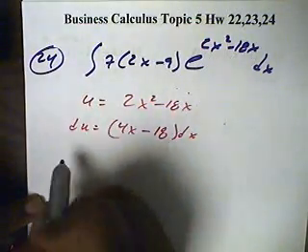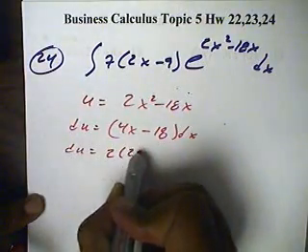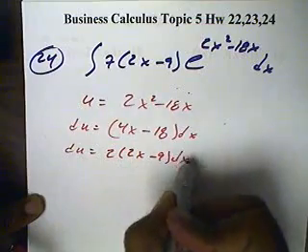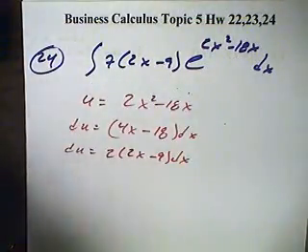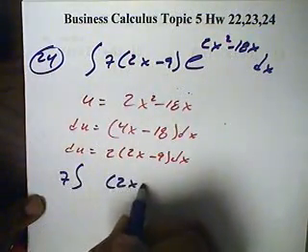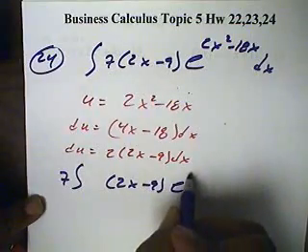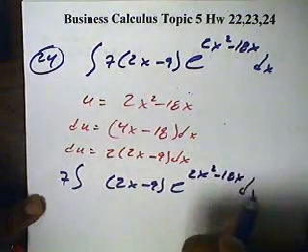And I can factor out a 2 out of this, so du equals 2 times 2x minus 9, all dx. So we actually need a 2 there. So I'm going to pull the 7 out. 7 is out, and we have our 2x minus 9 e to the power of 2x squared minus 18x dx.